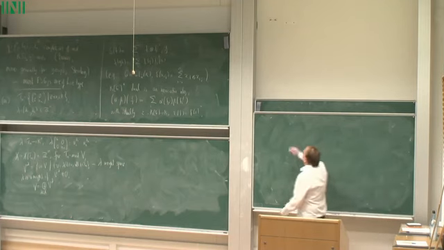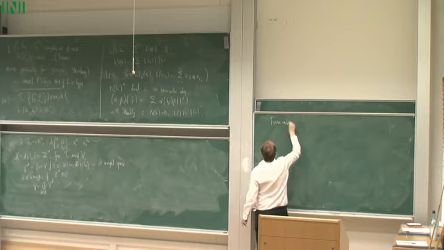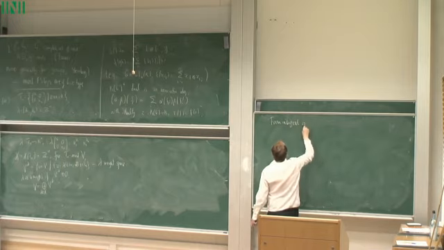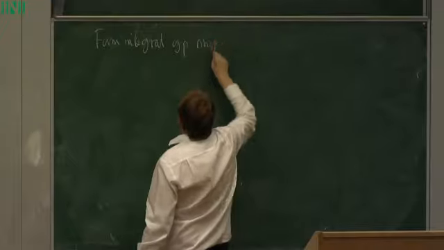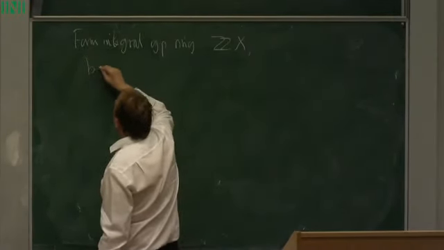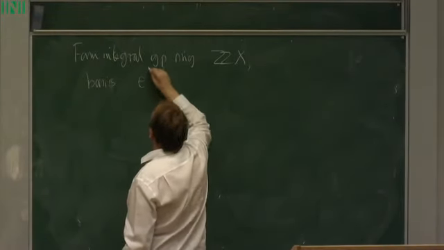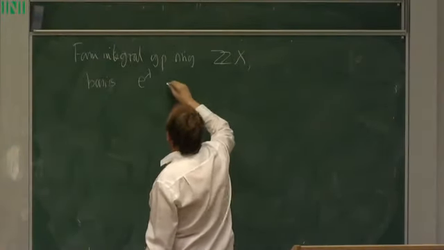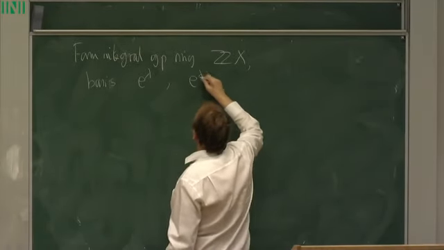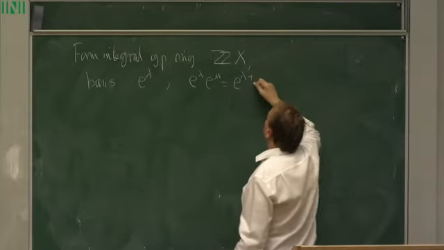So you form the integral group ring Z[X], it's got a Z-basis of elements e^lambda, the formal exponentials, and multiply according to the rule e^lambda e^mu is e^(lambda plus mu).